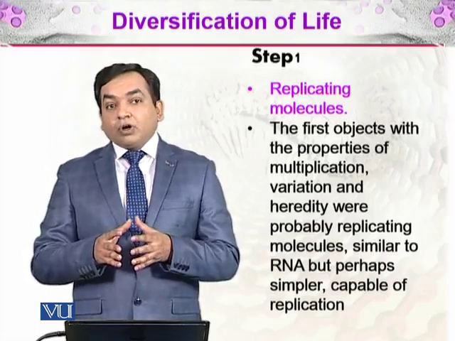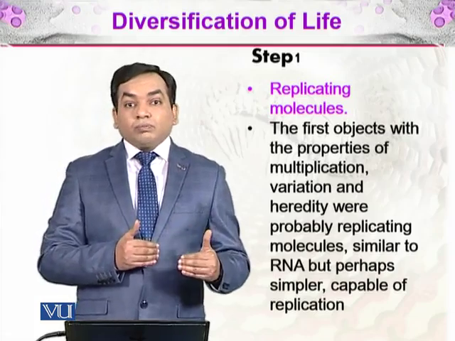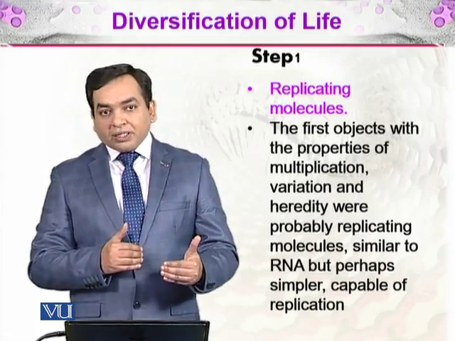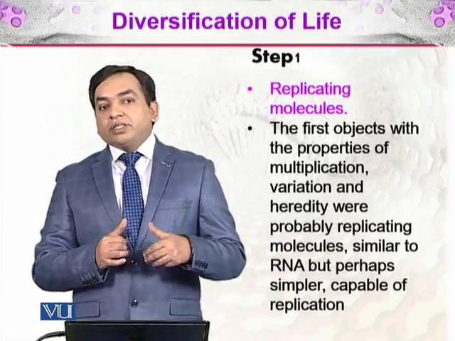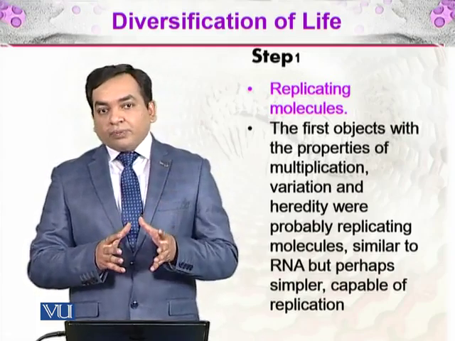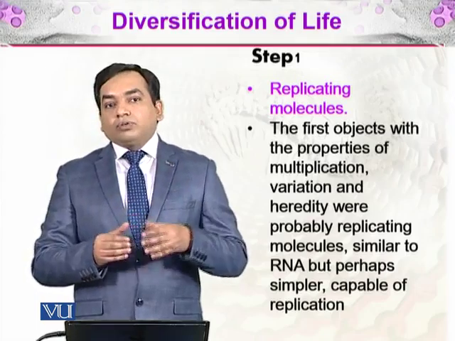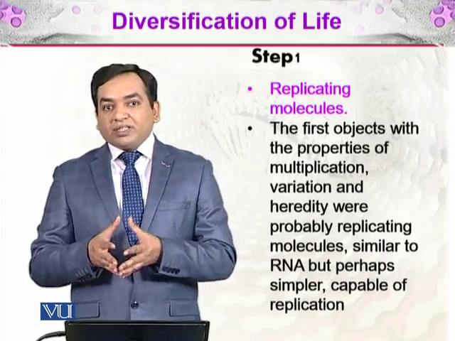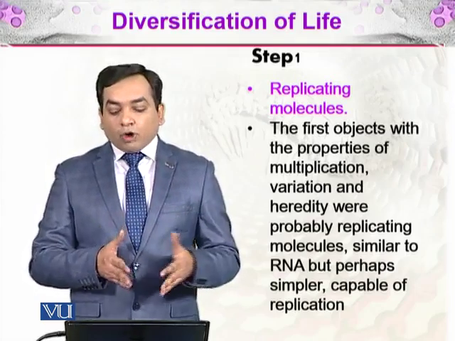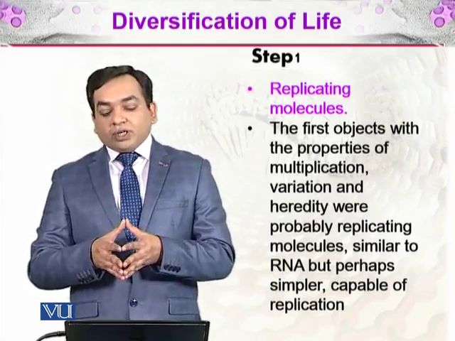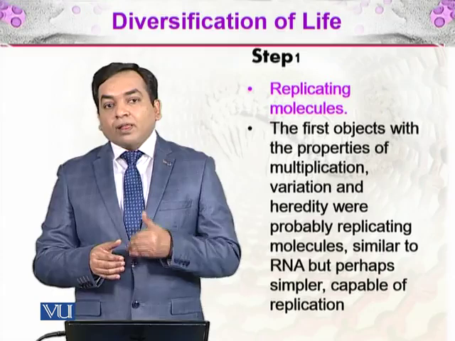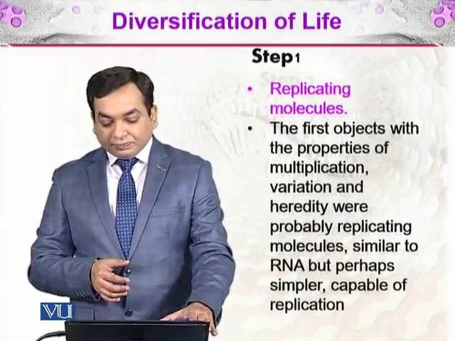These simpler molecules led to slightly more complex RNAs, and those RNAs led to some other molecules, and then as a whole they formed the cells. We have discussed these things in earlier topics, but this was the first step in the view of these scientists.